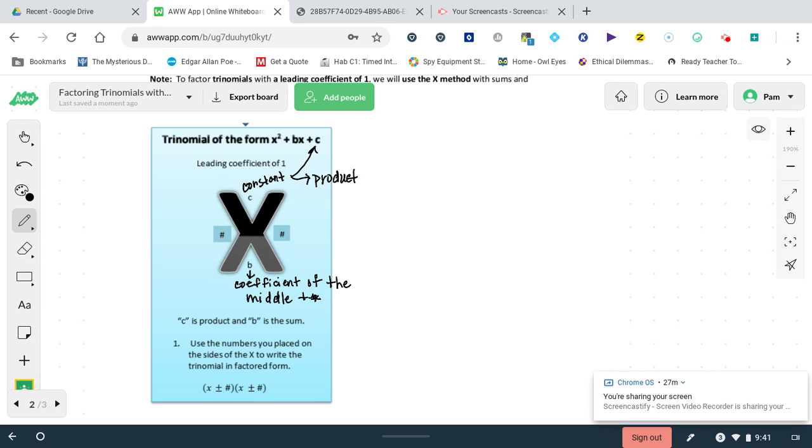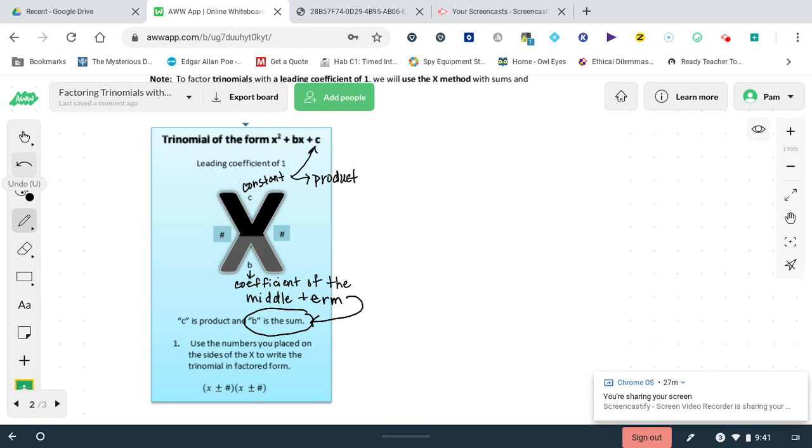It also represents your sum, because it's in the bottom of the x.